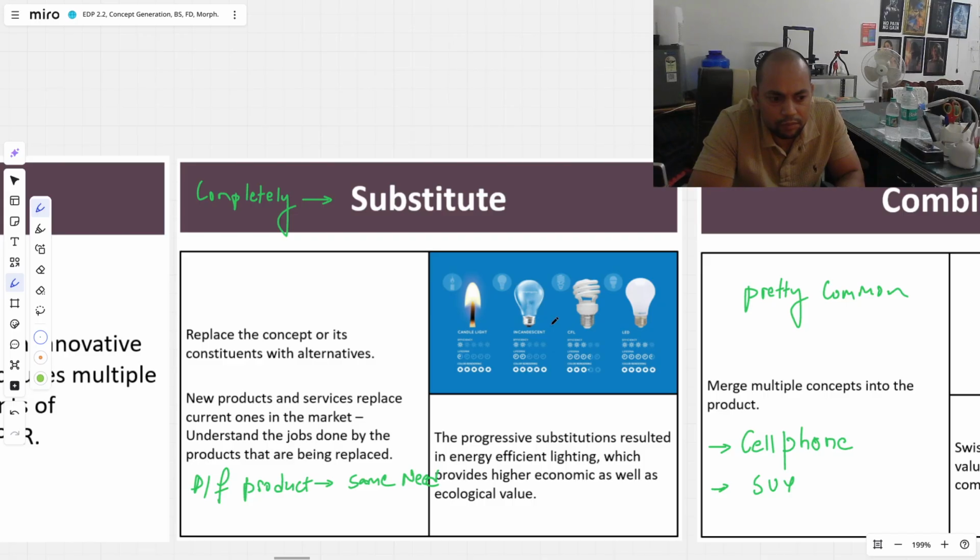There will be times when the need itself has changed. There will also be times where the need has changed but the product has remained the same. That is, you're bringing one product from one domain to another domain, so it can serve some other purpose, but the product more or less remains the same.